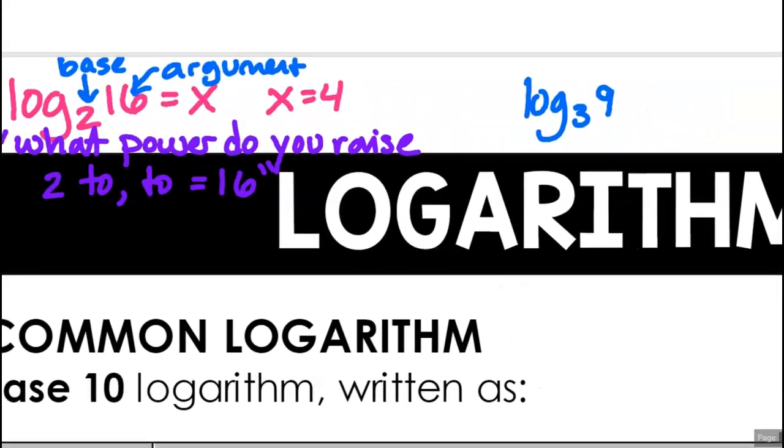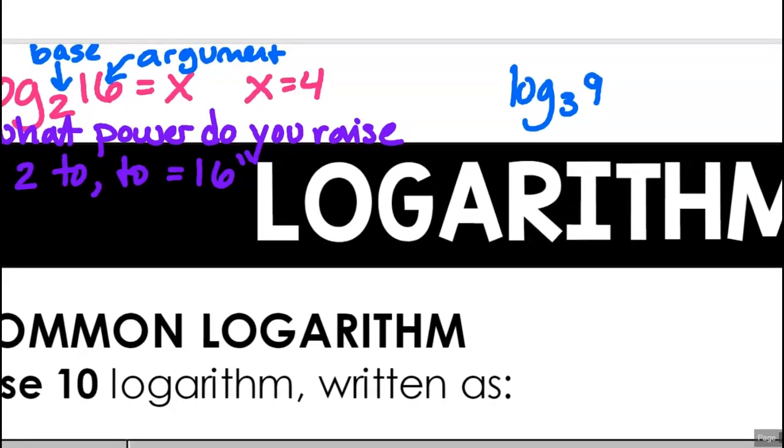So if I log base 3 of 9, this is asking the question, what power do you raise 3 to equal 9? And what should you get as an answer? 2. Done. You just successfully solved the log. That's all it is. Nothing scary. It's just an operation. It's actually the inverse operation of exponential.